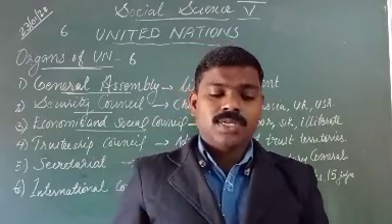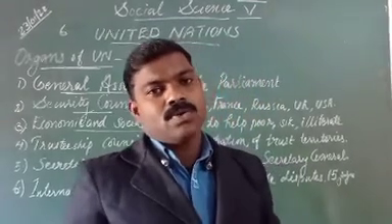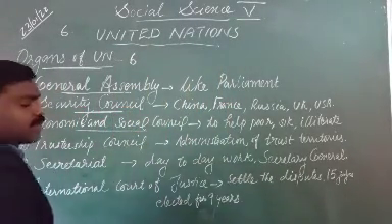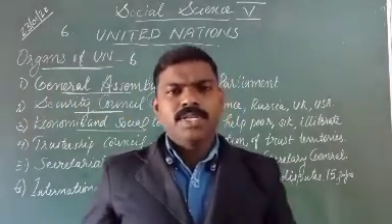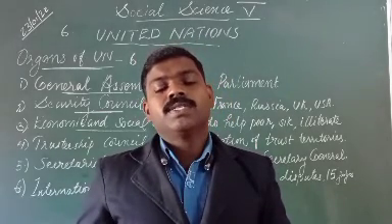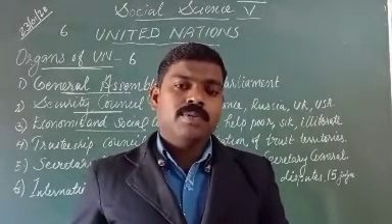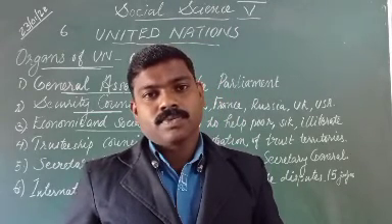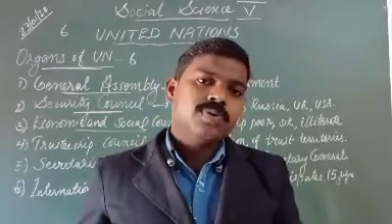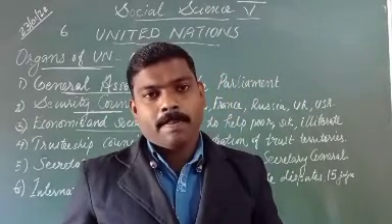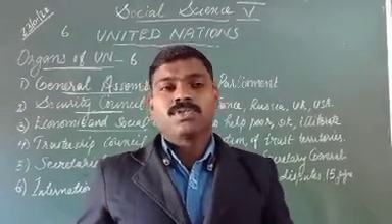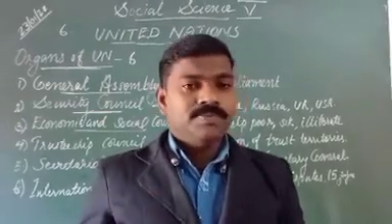Then see the next council, the Security Council, the second organ of the United Nations Organization. As the name indicates, it is the responsibility of the Security Council to maintain peace and security among member countries. In total there are 193 member countries, but in the Security Council the number of members is only 15.